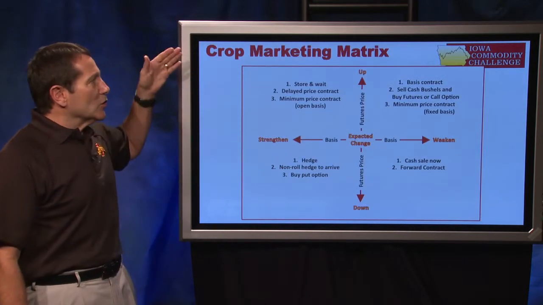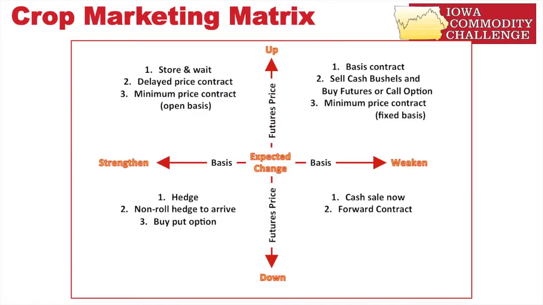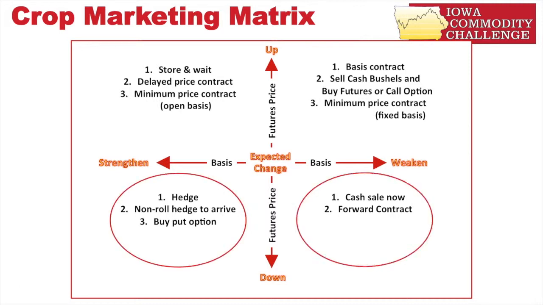When we look at the crop marketing matrix used throughout the video series, we see both the cash forward contract as well as the hedge to arrive contract. We're using those tools when our expected change is futures price moving down. But if we expect the basis to weaken, we're locking in basis using a forward cash contract.